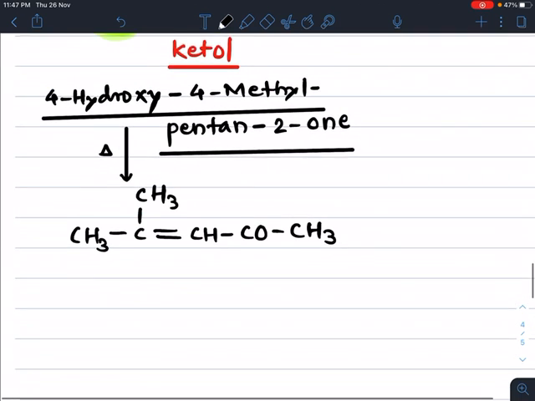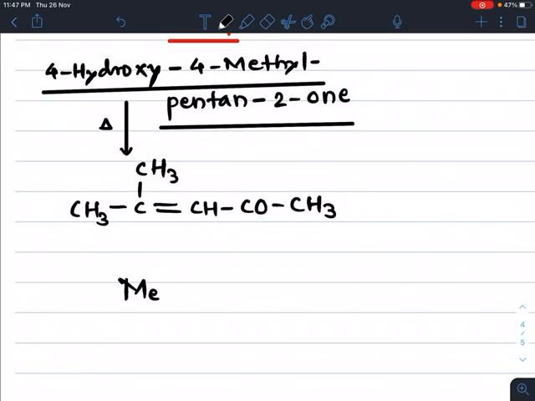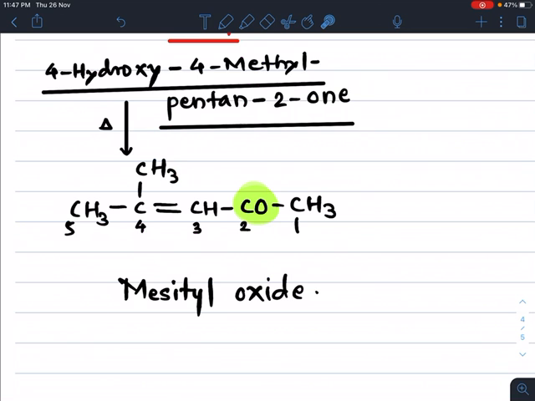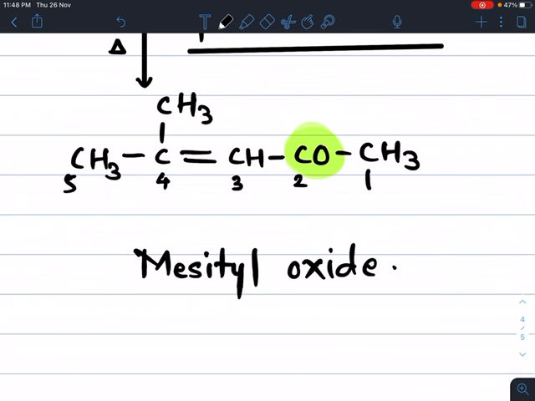The common name of this compound is mesityl oxide. To give the IUPAC name we number the chain from the side which gives the minimum possible number to the ketonic group. At position 4 a methyl group is attached, so 4-methyl, with a 5 carbon straight chain, so pent.